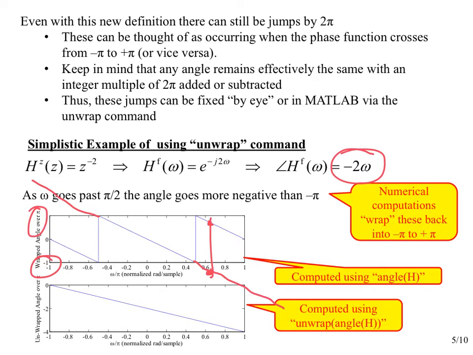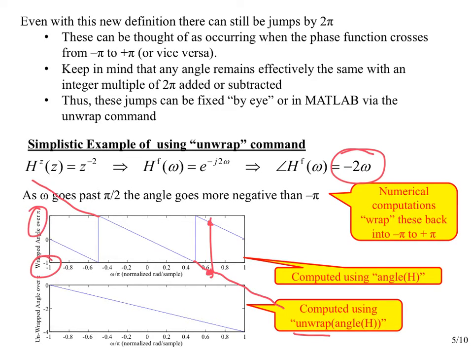And there's a nice command in MATLAB called unwrap that will basically seek places where there's a jump of 2 pi or some integer multiple of 2 pi for that matter, and will appropriately unwrap it.